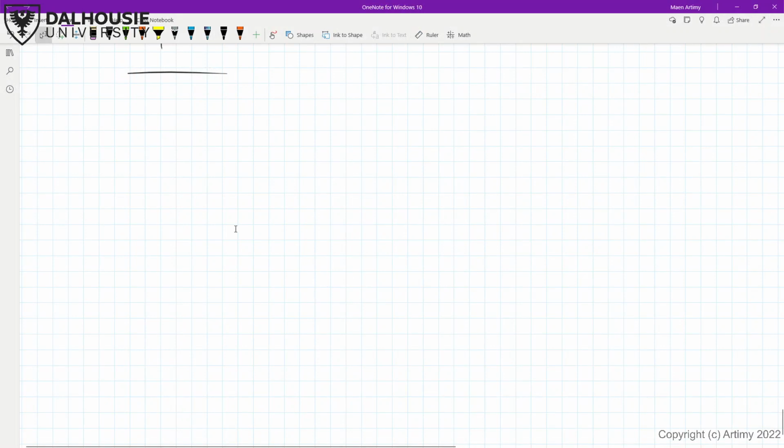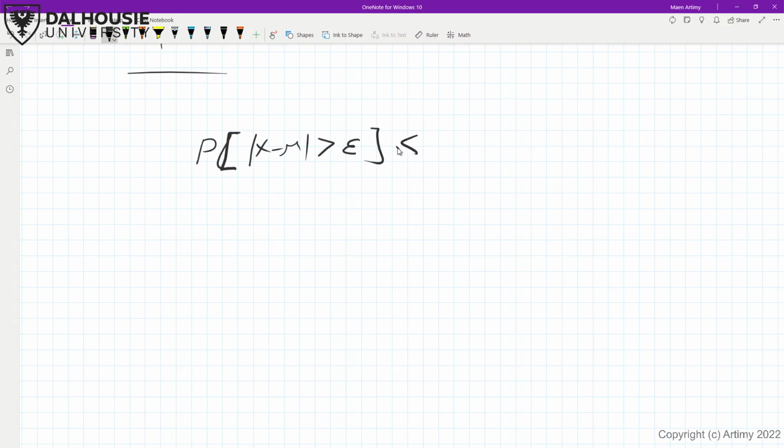The Chebyshev inequality tells me that the probability of the magnitude of x minus mu greater than epsilon is less than or equal to sigma over epsilon squared, right?